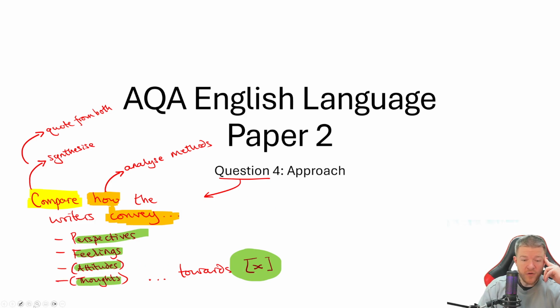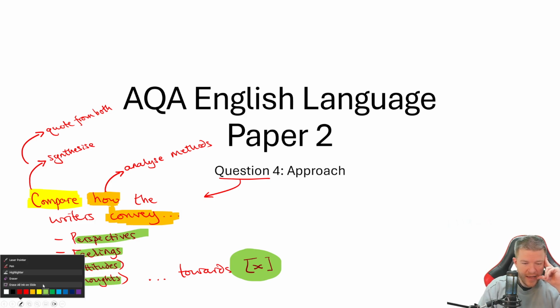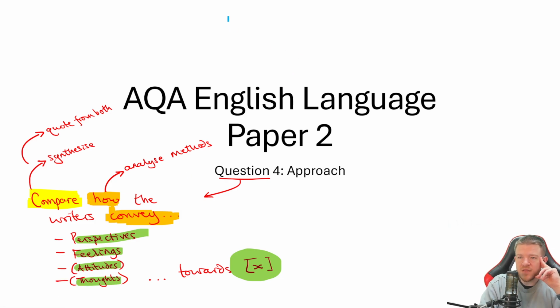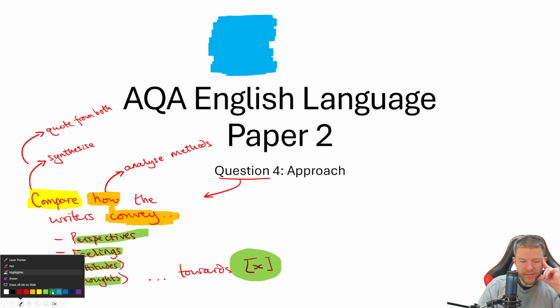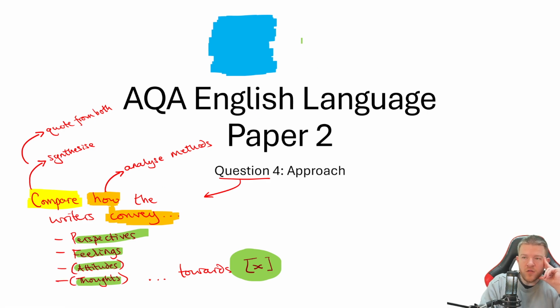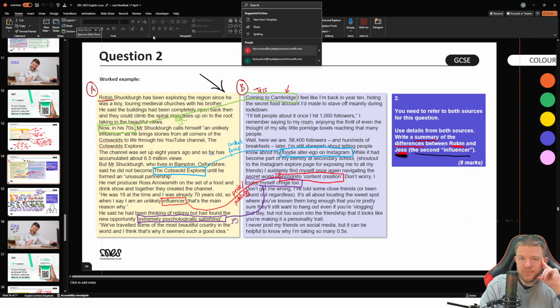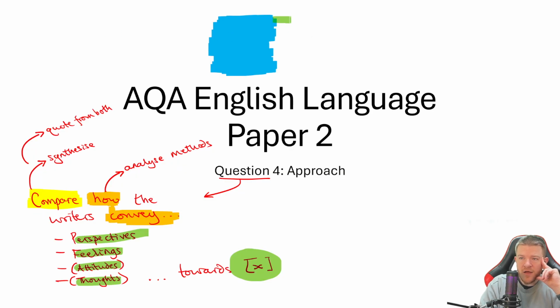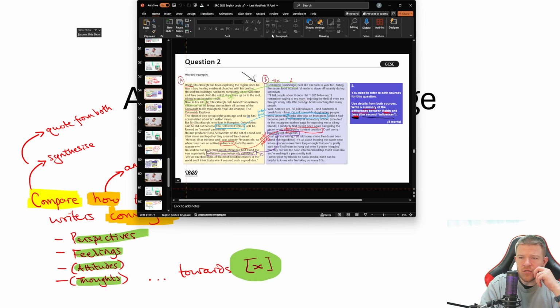So what are we going to do? Well, we're going to put our two texts next to each other. Let's say that on the left hand side is going to be text 1, and then over on the right hand side we're going to have text 2.